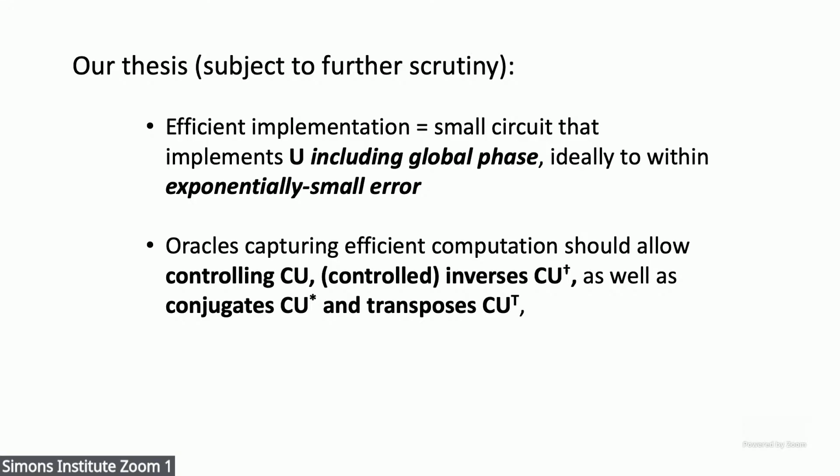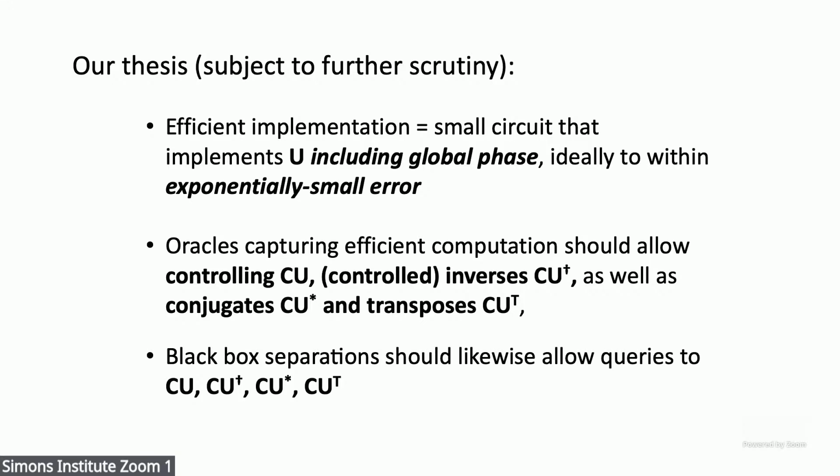Okay, and we'll discuss the reasons for those later. And then likewise, for black box separations, if you want the best black box separation you can hope for, your query modeling should allow controlling, inverses, conjugates, and transposes. Okay, so basically the rest of this talk, I'll be giving a bunch of little results, little insights that support these claims.